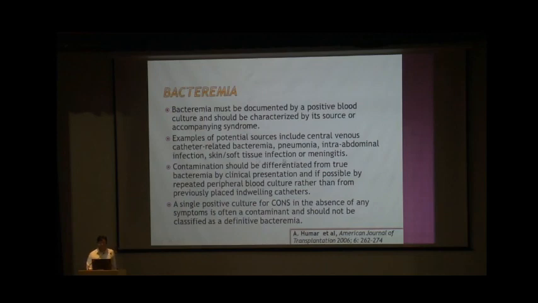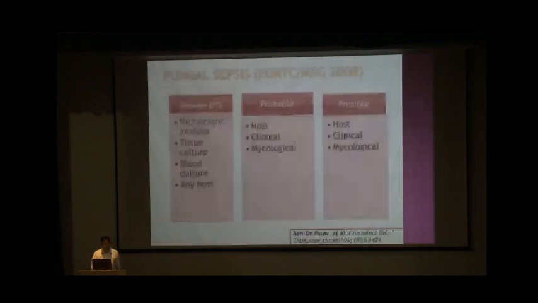Contamination should be differentiated from true bacteremia, particularly when there is an indwelling catheter. We should obtain a peripheral blood culture rather than relying on the existing catheter culture. At the same time, if a single positive culture of coagulase-negative Staph is found, it should be considered a contaminant rather than concluded as definitive bacteremia.